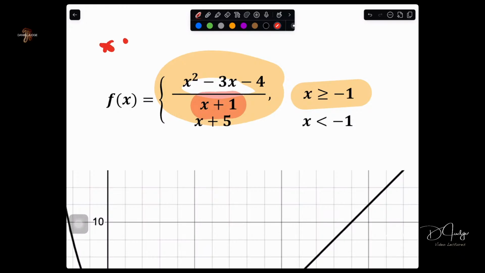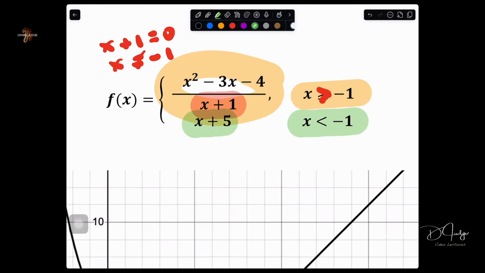So x plus 1 cannot equal 0. We'll set it equal to 0, solve for x, and we know x could not be the value -1. So this is going to be actually strictly greater than. We have to fix that. So the top piece is used for values of x that are bigger than -1. The bottom piece is used for values of x that are less than -1.